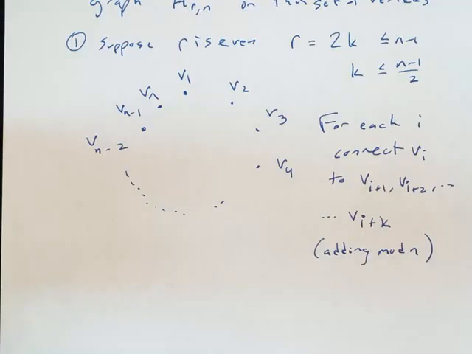Then v1 is connected to v2 and v3. v2 gets connected to v3 and v4. v4 gets connected to v5 and v6. vn gets connected to v1. n gets connected to v1 and v2. I wrap around.